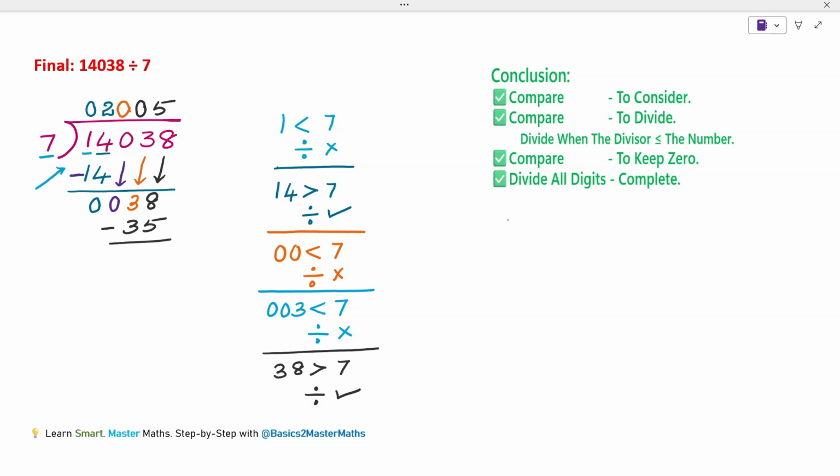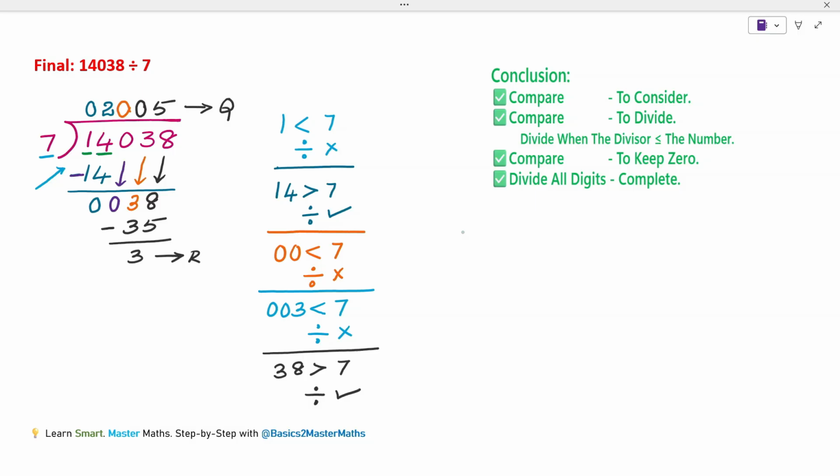You got 3 as the remainder and 2005 as the quotient. Got it? Observe here, in the first step you have divided 1 and 4.